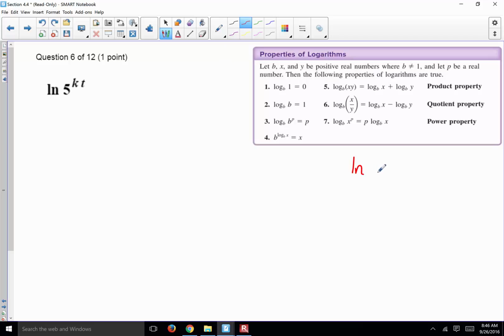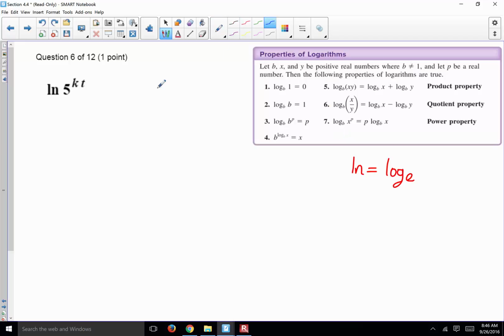What does ln mean? Log base e. Yes. So if you have ln 5, that's log base e of 5. Once we know that, so it's a logarithm, we can use all these rules.